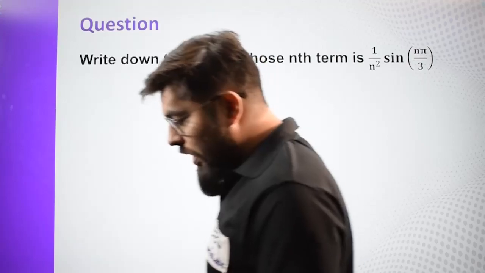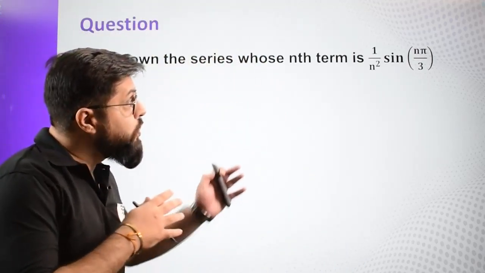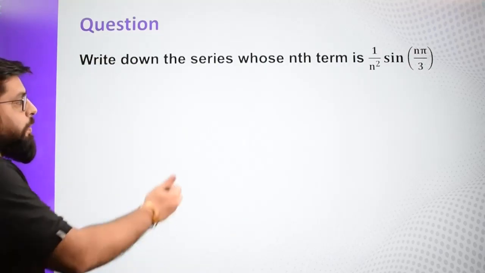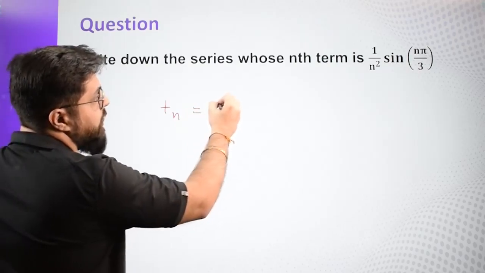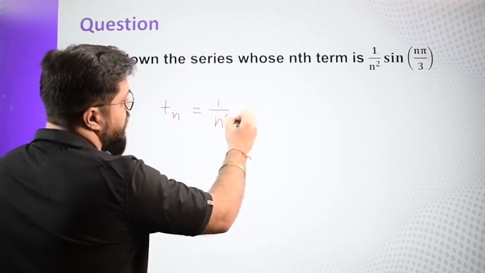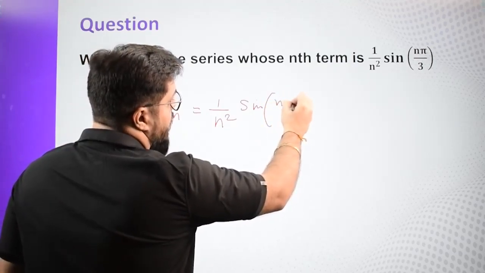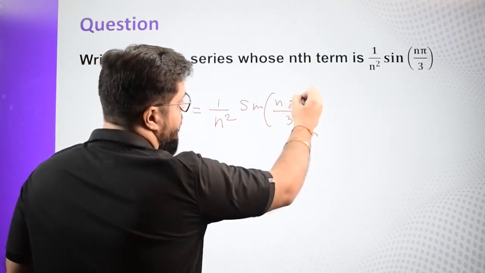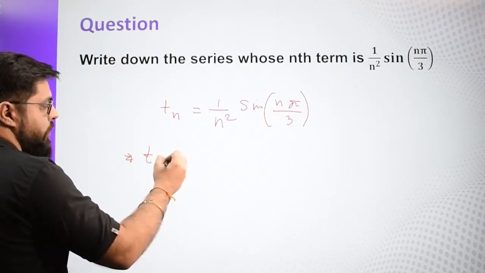Now, in this question we are asked to write down the series whose nth term is given by this particular pattern. The nth term we can write as Tn is 1 upon n square sine n pi by 3. So T1 will represent my first term.